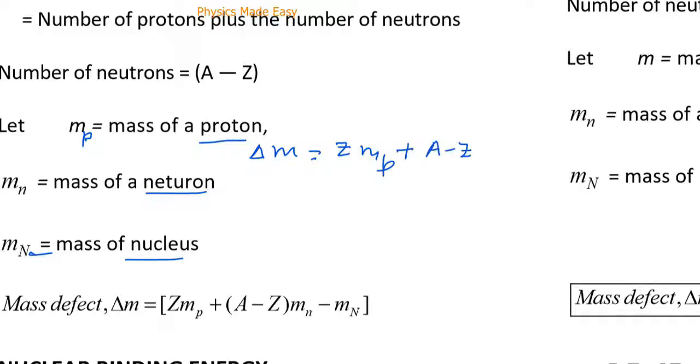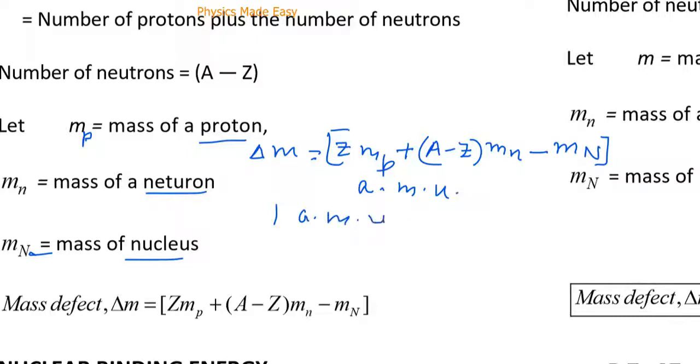A minus Z is the total number of neutrons, multiplied by the mass of a neutron. This minus the rest mass of the whole nucleus. So this is the mass defect. And this mass defect is mostly in the unit of AMU. Also note that 1 AMU, if you have to directly convert into energy, is 931 million electron volts.